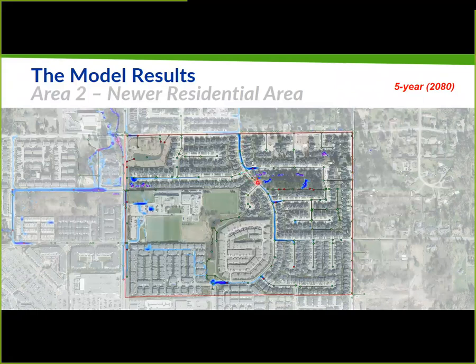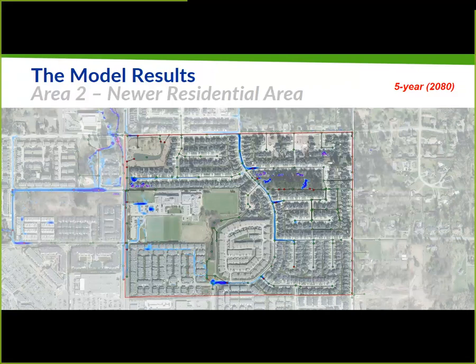What's not happening, however, is flow going through private property, with the exception of right over here. So this puddle that we were seeing based on today's event, without climate change, was pretty benign, but with climate change, we would expect that this flow would actually go into this townhouse development area and ultimately find its way over here. And that did result in property damage losses and so on.